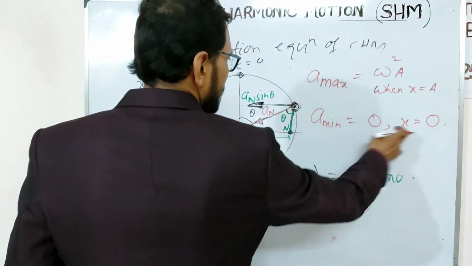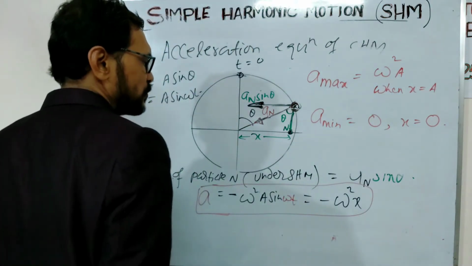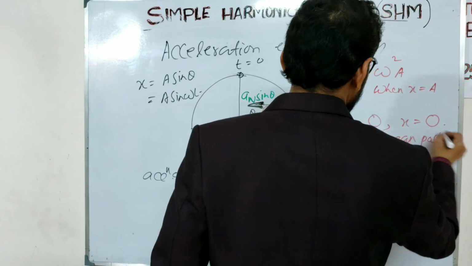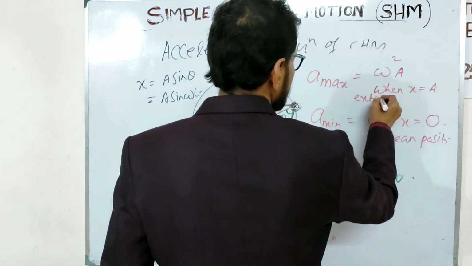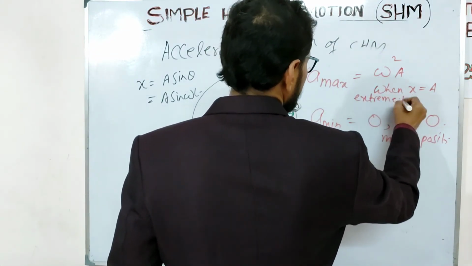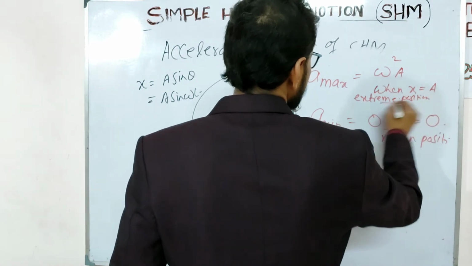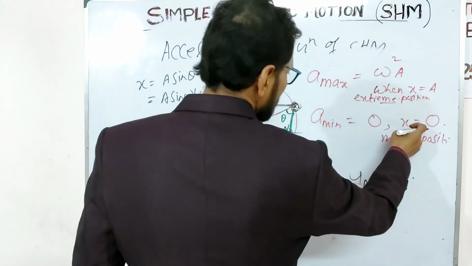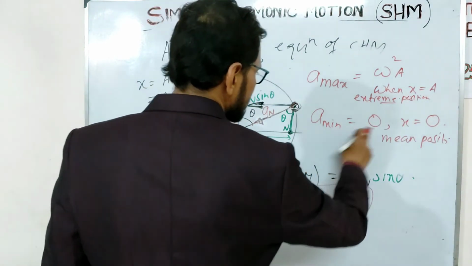So acceleration is minimum at the mean position and maximum at the extreme position. This is opposite of velocity. At the extreme position velocity is 0, but acceleration is maximum. At the mean position velocity was maximum, but acceleration is minimum.